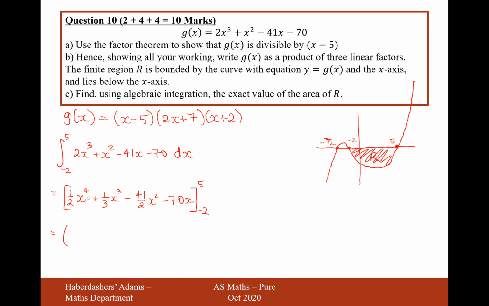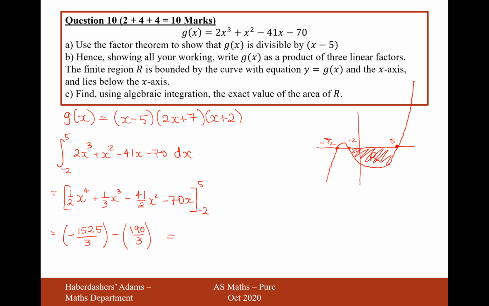So the first one, if we just put 5 into the whole thing, it's going to be a half times 5 to the power of 4, and then plus 1/3 times 5 to the power of 3, and then minus 41 over 2 times 5 to the power of 2, minus 70 times 5, and that's going to give us minus 1525 over 3, and then minus the number minus 2 going in, and that's going to be minus 190 over 3.